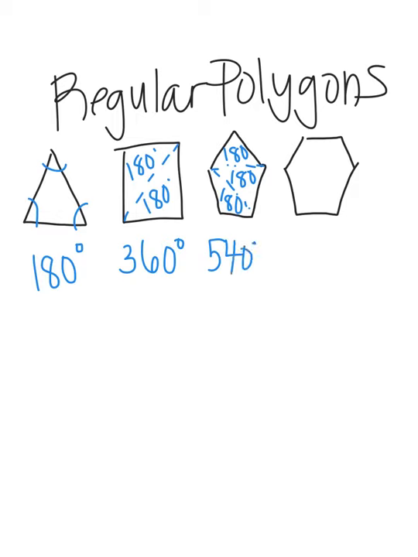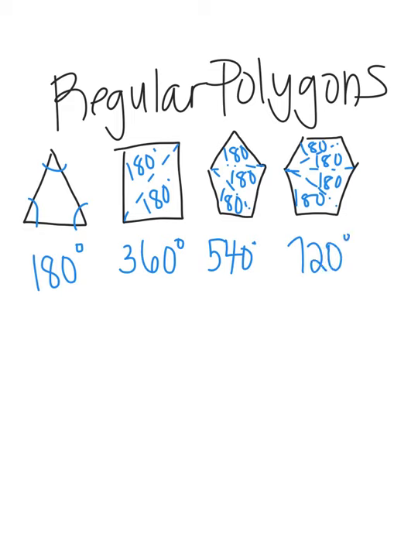And then let's go on to the hexagon. So same thing, I could break it up from one vertex into 4 different triangular regions. So I would have 180, 180, 180, 180. So if I did 180 times 4, I would get 720 degrees.